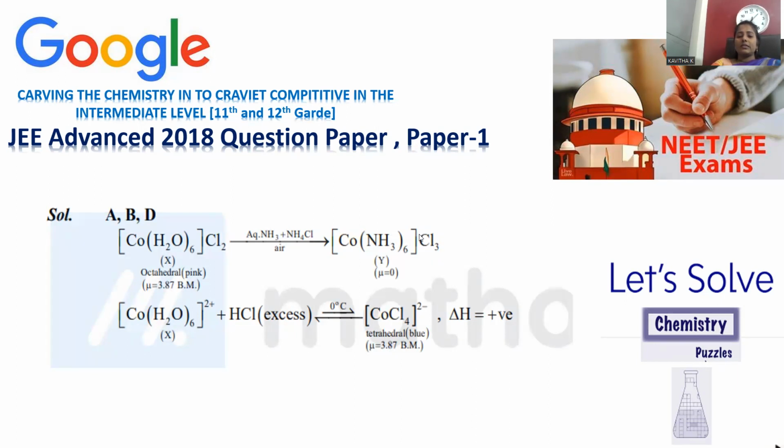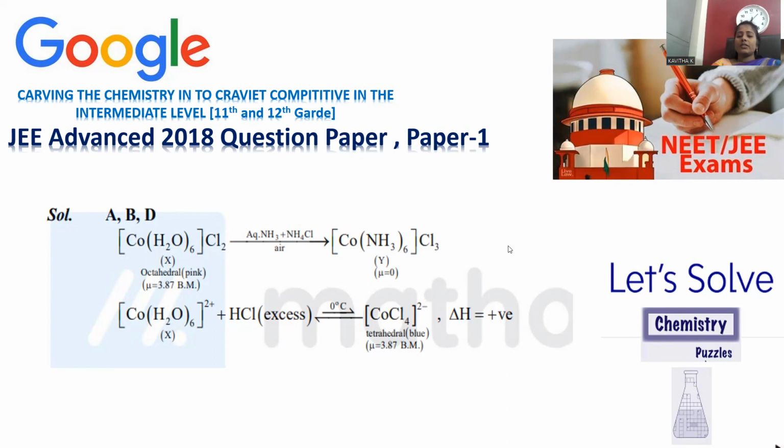Primary valency is the ions present outside the sphere, and inside the sphere is the secondary valency. If you observe this, the three chloride ions are free. These can be ionized easily.